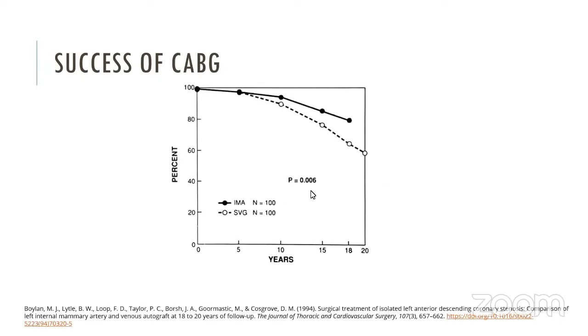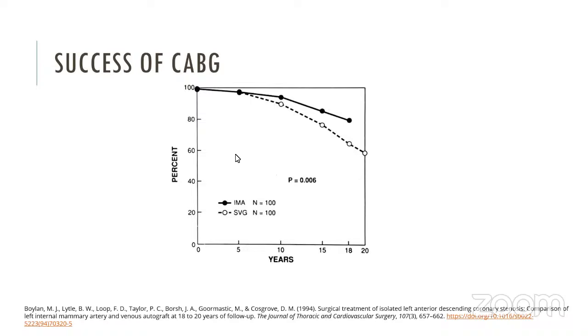To illustrate this point, this is a very old study from 1994 that looked into revascularization of the LAD. It took the IMA and the saphenous graft. But I don't want you to think of it as IMA versus saphenous. Think of it as a patent graft and a non-patent or occluded graft.